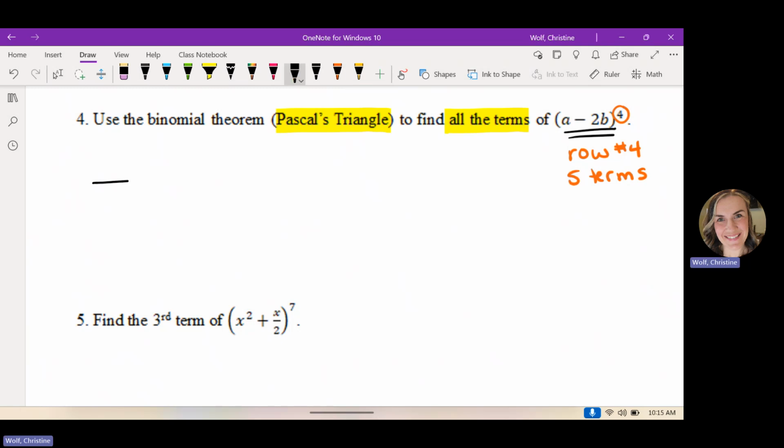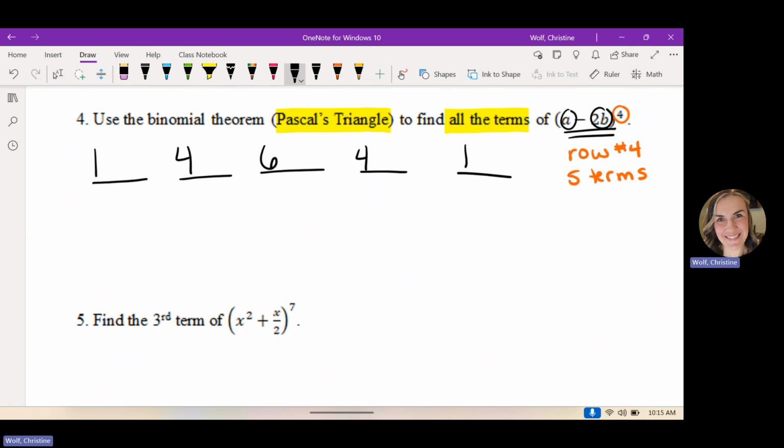So if I write my spaces for my 5 terms and I look at Pascal's triangle, I know my coefficients should be 1, 4, 6, 4, 1. I know my coefficients. But the issue comes now from the A and the 2B.